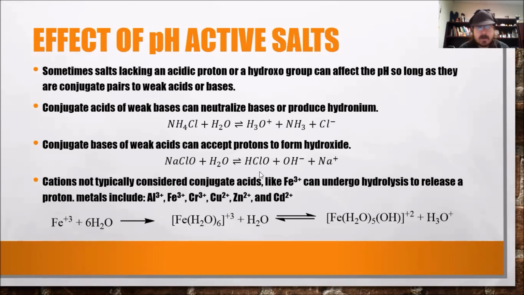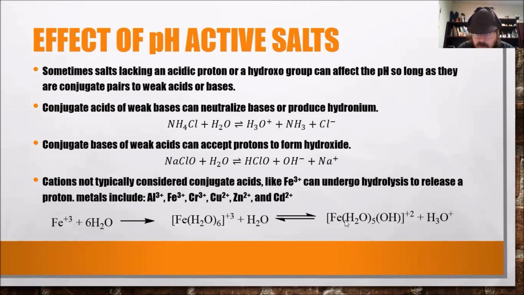Now, even cations that we don't really think of with conjugate acids, like iron and aluminum and chromium and copper and zinc and cadmium, can undergo hydrolysis. When iron dissolves in water, it forms an iron hexaaqua complex, much like the iron thiocyanate. But this iron hexaaqua, hexa meaning 6, can then donate a proton.